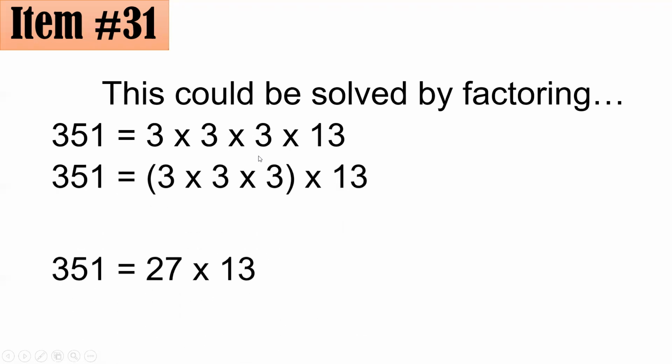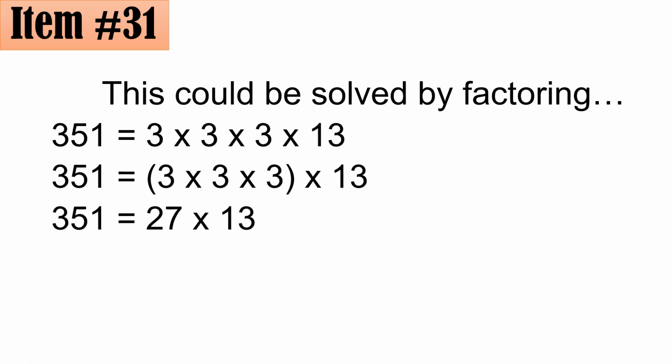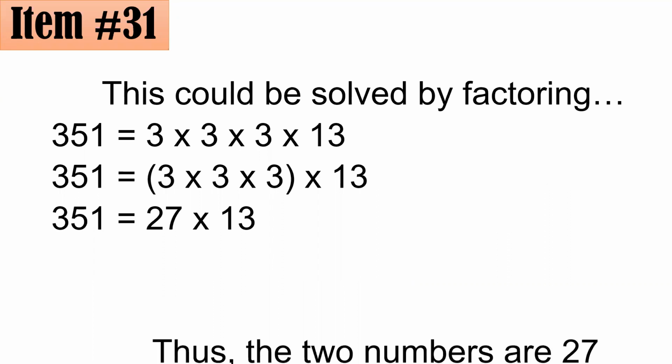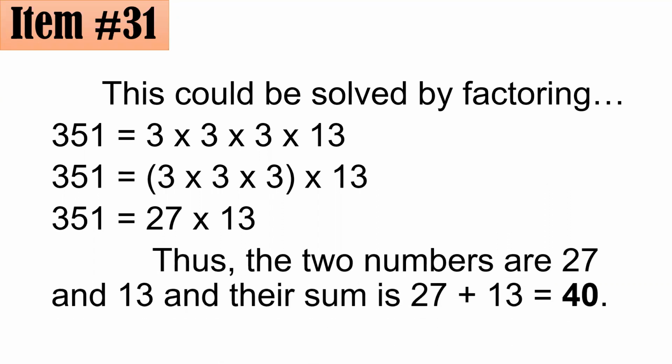Di po ba? That's why I grouped them together and multiplied them, and that gave me 27. So in fact, 351 could be expressed as the product of two-digit numbers, 27 and 13. So the numbers are 27 and 13 indeed. That's why their sum is 27 plus 13 or 40. Letter C.